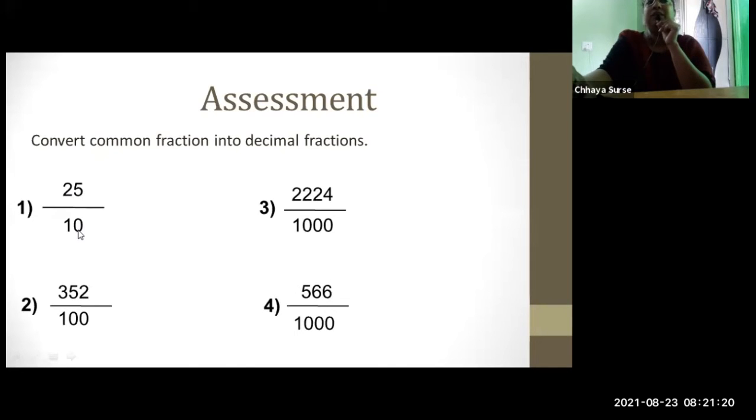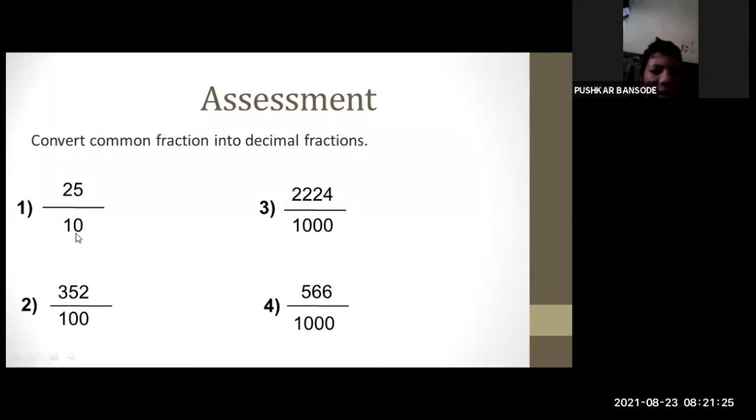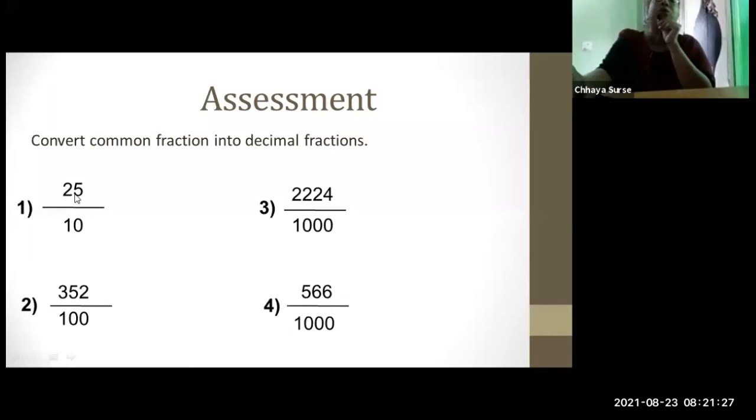Can you convert? How many zeros are here? Ma'am, only 1. So before the 1 digit, we give the decimal point, and it converts into a decimal fraction. So what will be the answer?